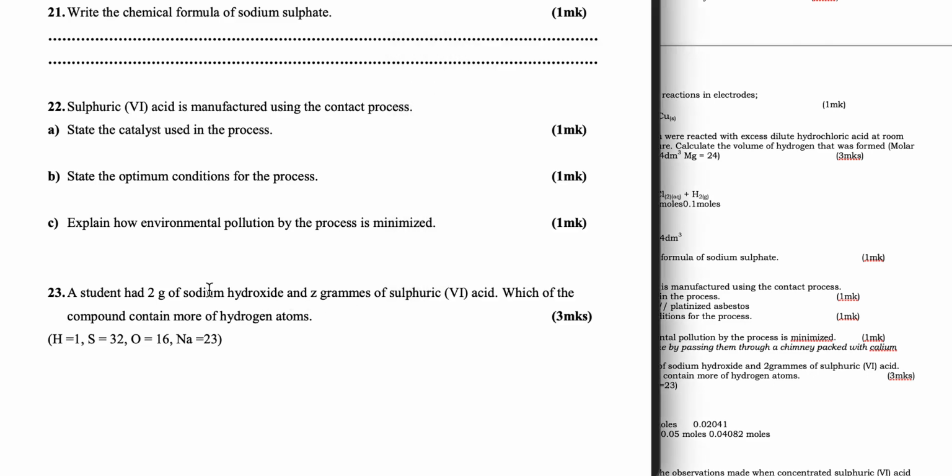Question 23. A student had 2 grams of sodium hydroxide and 3 grams of sulfuric 6 acid. Which of the compounds contains more hydrogen atoms?